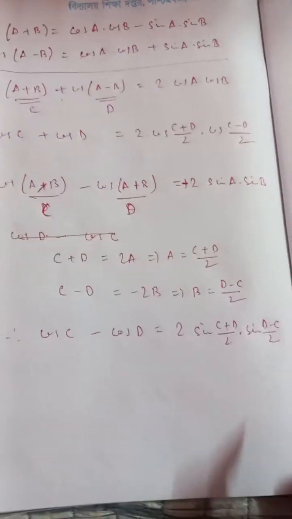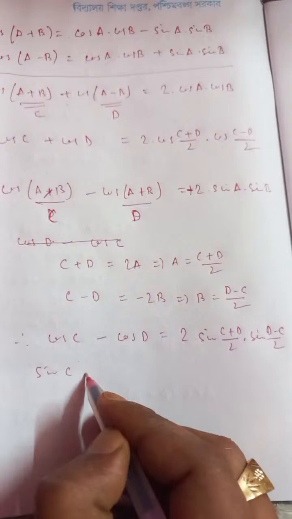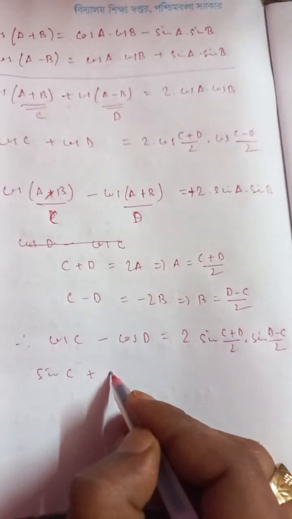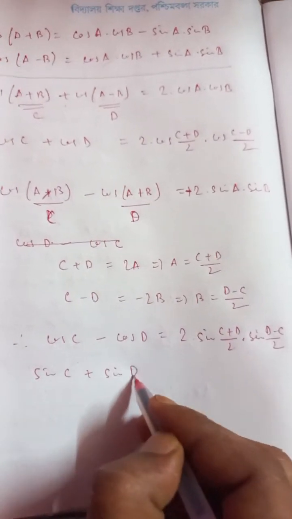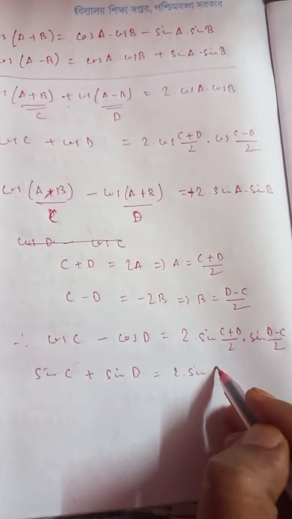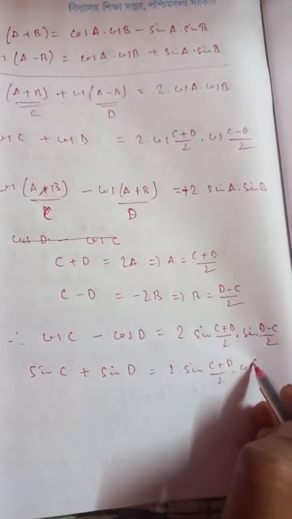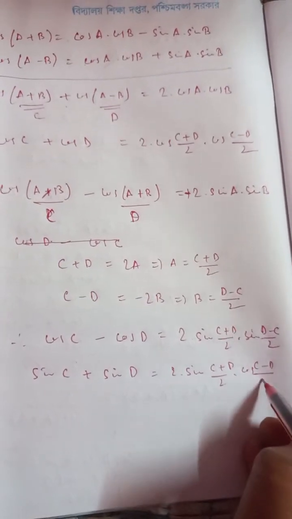So in this way we have found out that sin C plus sin D is equal to 2 into sin (C plus D by 2) into cos (C minus D by 2), which we have already established.